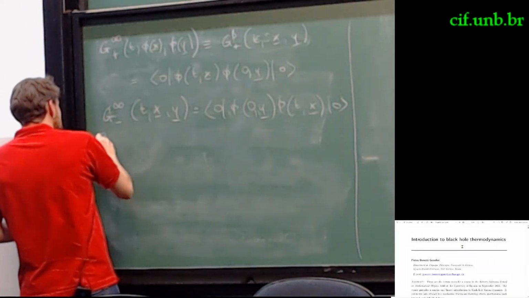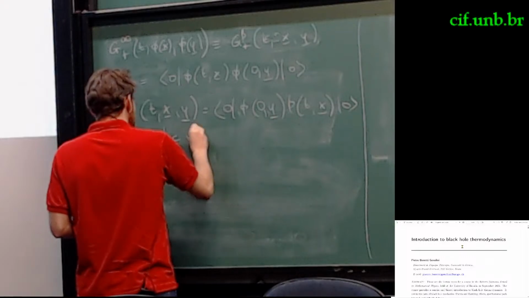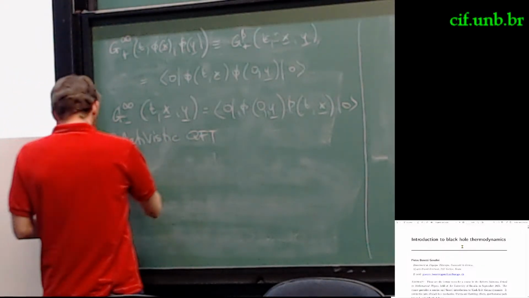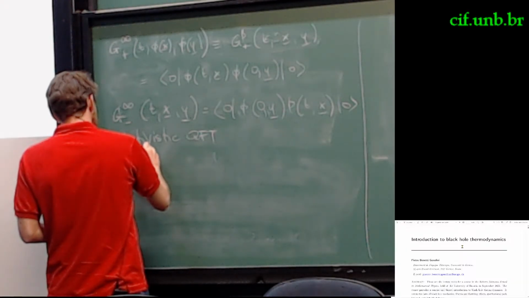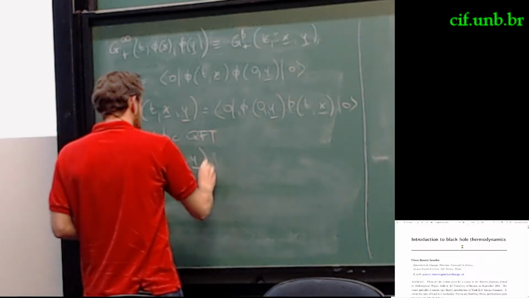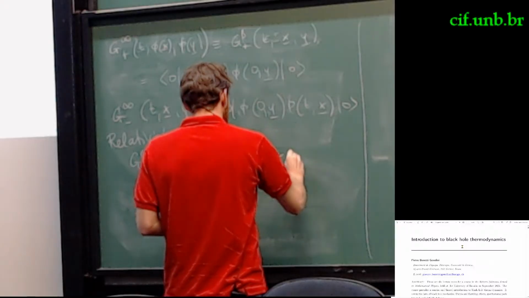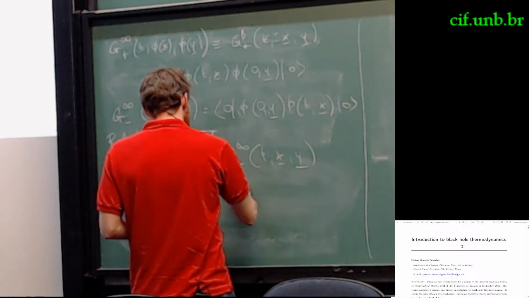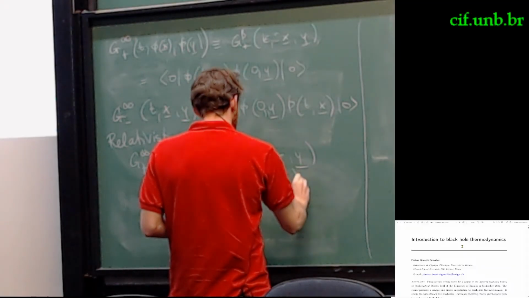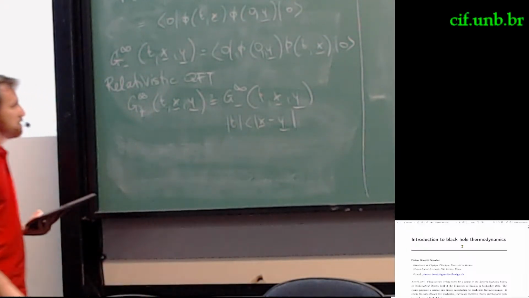The fact that it's a relativistic QFT, so the commutator at space-like separation vanishes, means that G plus infinity is equal to G minus, provided T is here, right?